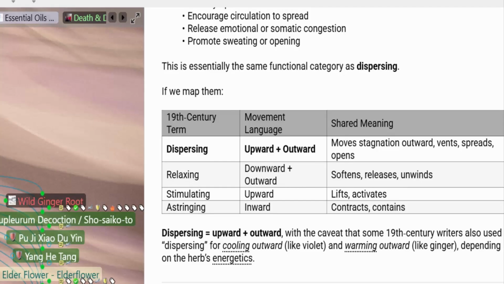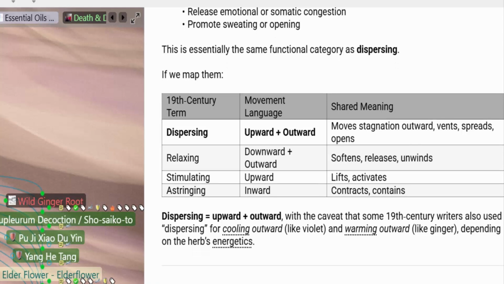It contracts and contains. So, dispersing equals upward and outward movement, with the caveat that some of the 19th century writers also used dispersing for cooling outward, like violet does, and warming outward, like ginger does, depending on the herb's energetics.